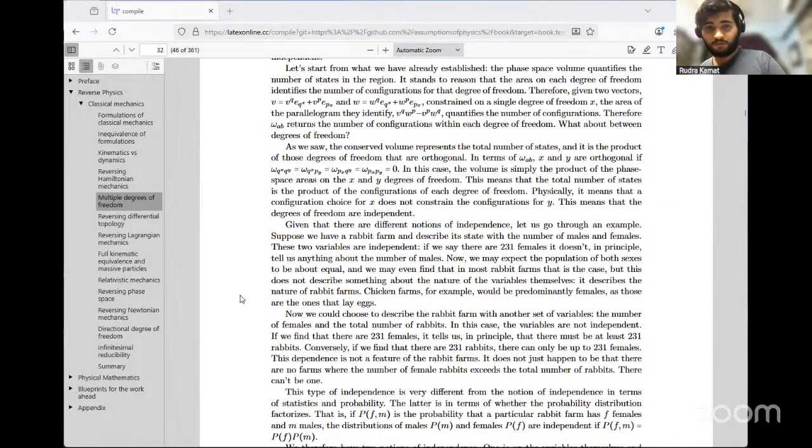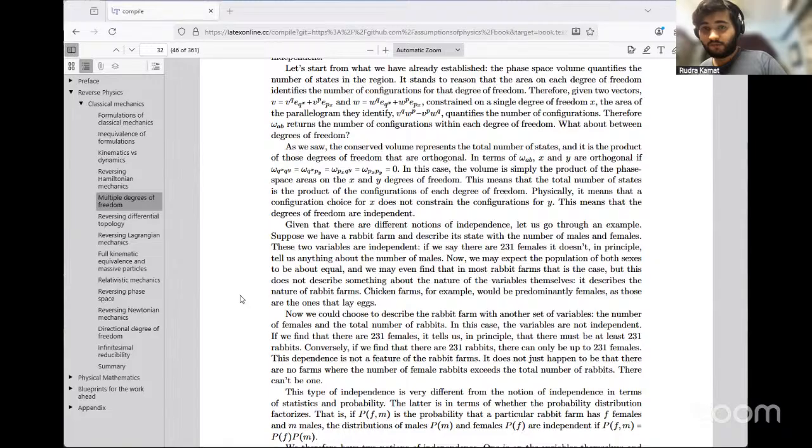As we saw, the conserved volume represents the total number of states, and it is the product of those degrees of freedom that are orthogonal. In terms of omega_AB, x and y are orthogonal if omega(q_x, q_y) equals omega(q_x, p_y) equals omega(p_x, q_y) equals omega(p_x, p_y) equals 0.